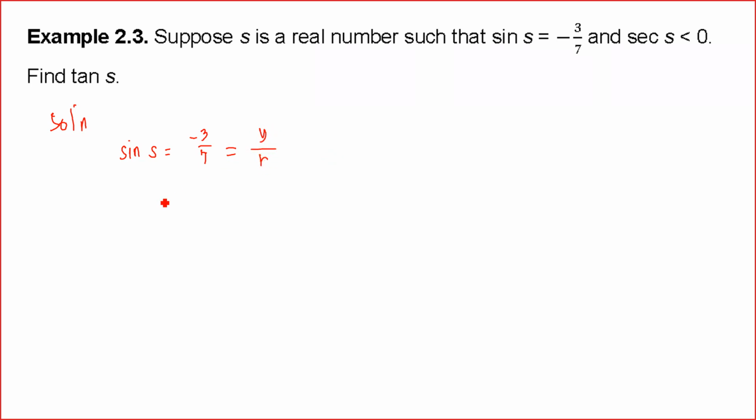So if we are going to have a right triangle here, it could be in the third quadrant or fourth quadrant since it is negative. R cannot be negative because that's the radius. So let's treat this one as a positive number.